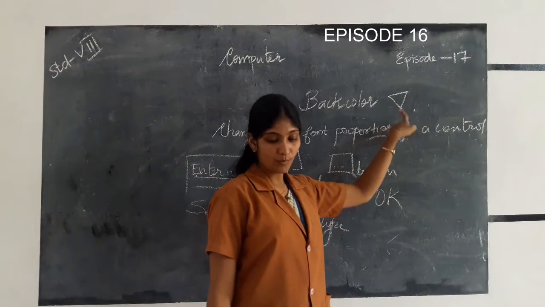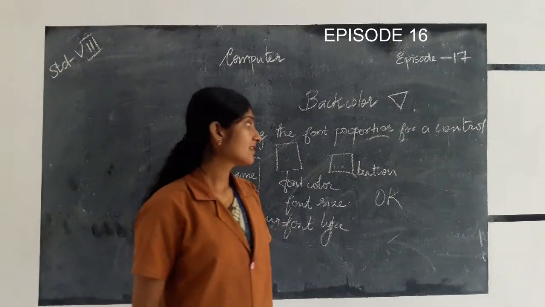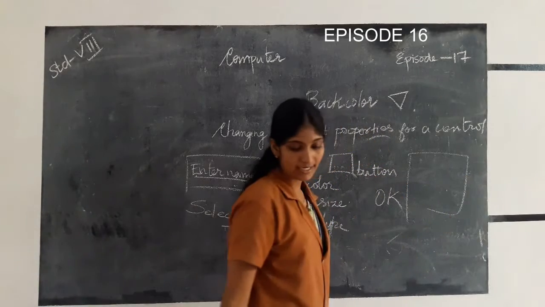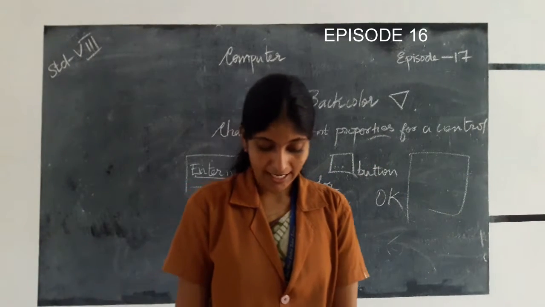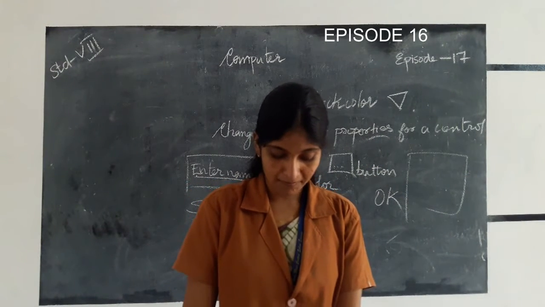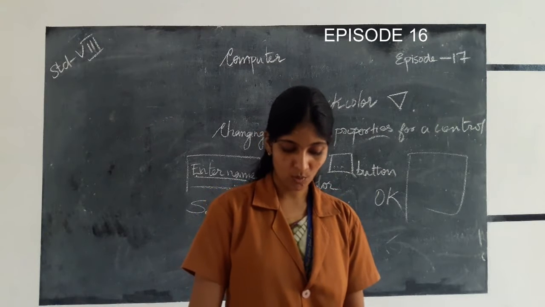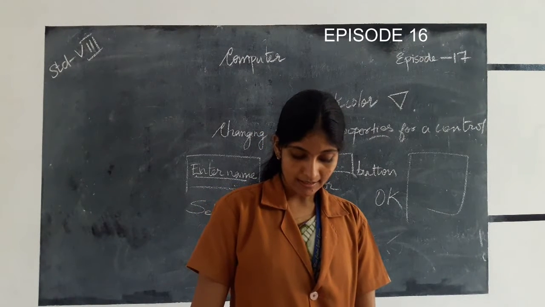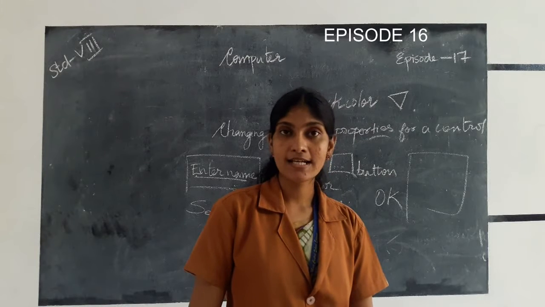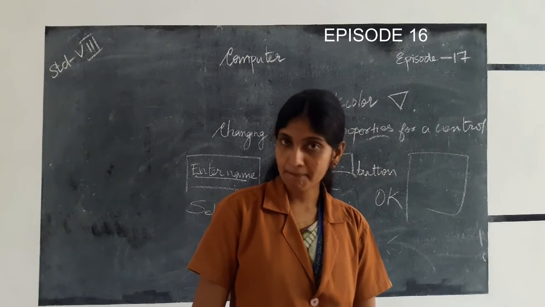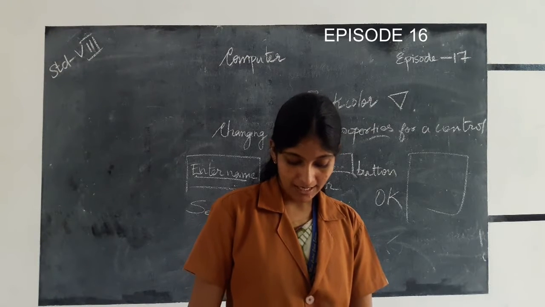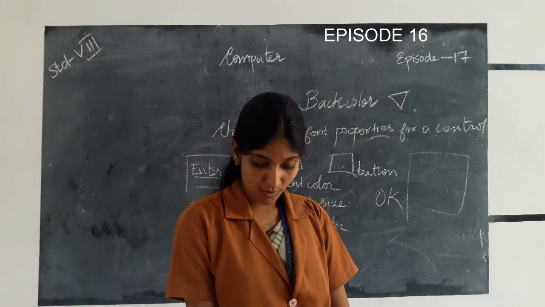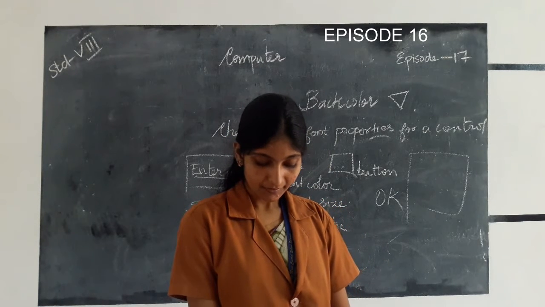Click on this down arrow head button and a box appears. What are the 3 tabs present in it? Custom, web and system. Click on the system tab to select a color.